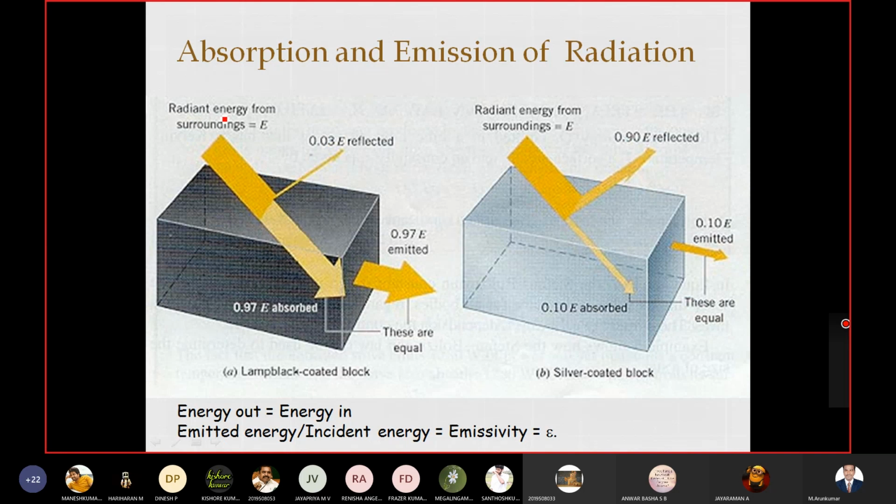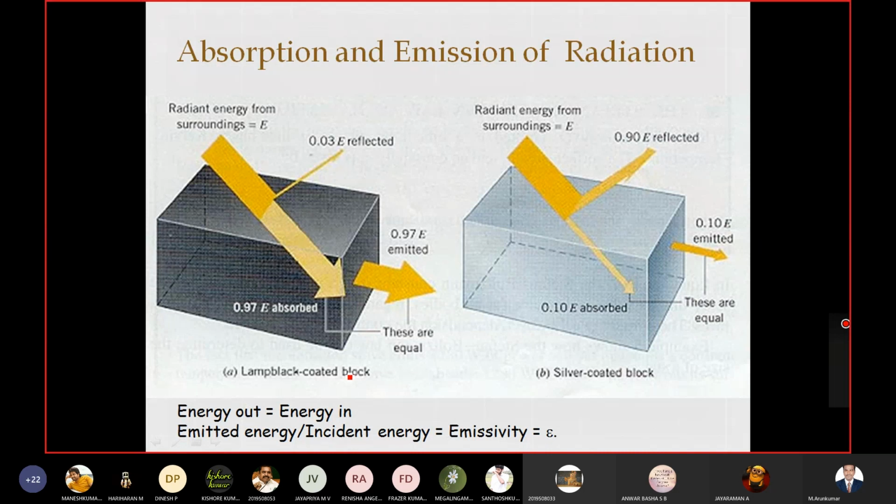So we take radiant energy from the surroundings that is transmitted to a medium. Then around 0.03 E will be reflected by the black coated block.